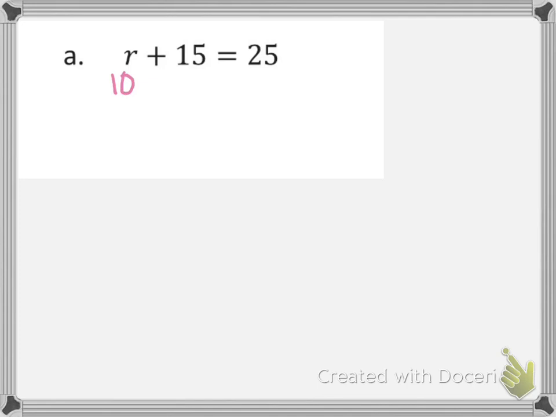So when I write my true and false statements, I'm going to say this statement is true when r is equal to 10, and this statement is false when r is everything else.